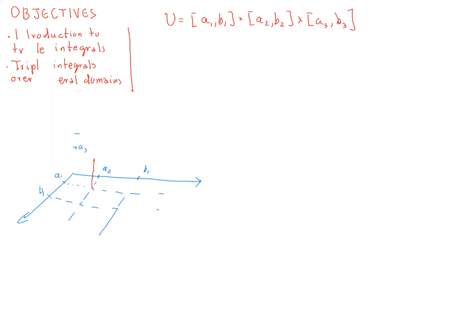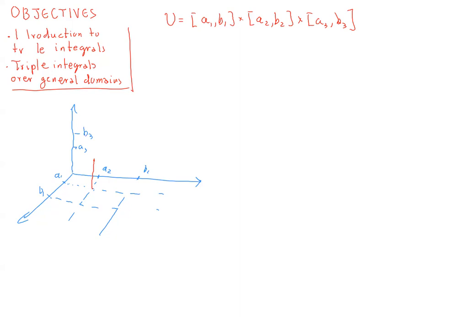So, triple integrals over general domains. And the axes were a little destroyed. So this is a3, this is b3, and I'm back where I started.